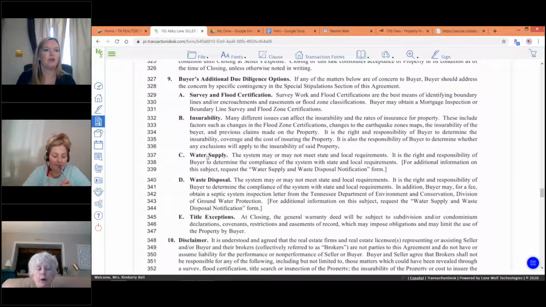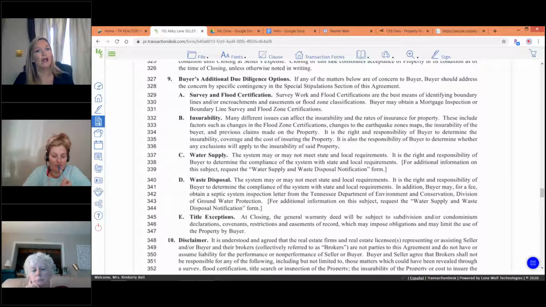If they're going to do water supply and test the water, or check for septic, or if they know that there's a title exception and that's an issue, then you need to put that, anything above and beyond the inspections themselves.